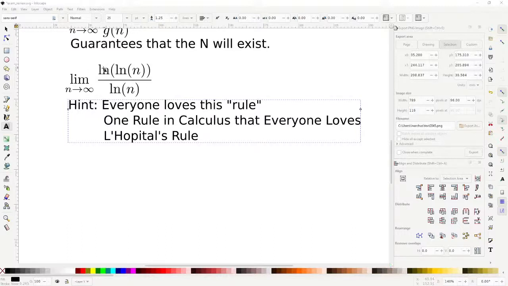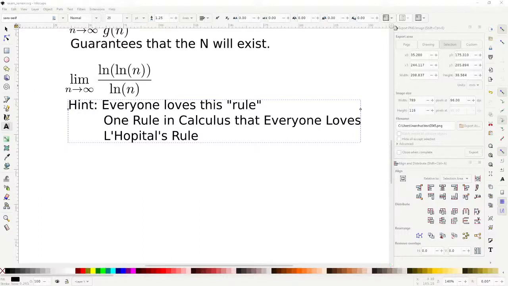Because the derivative of natural log is 1 over natural log times the derivative of natural log, which is 1 over n. So we'll get 1 over n natural log n, and then for the denominator, we're just going to get 1 over n, right?